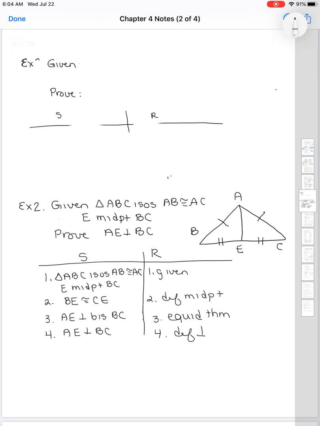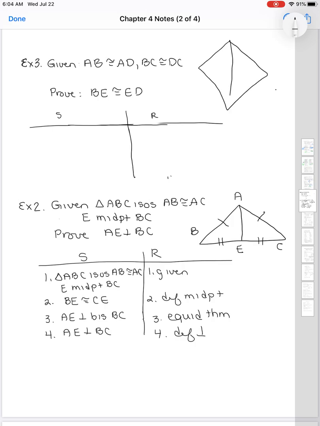All right, I'm going to do one more. I'm just going to erase the first one here. Actually, let's see if I can keep all this set up because I need it. Example number 3. All right, so one more.